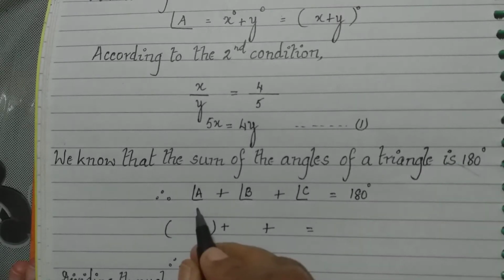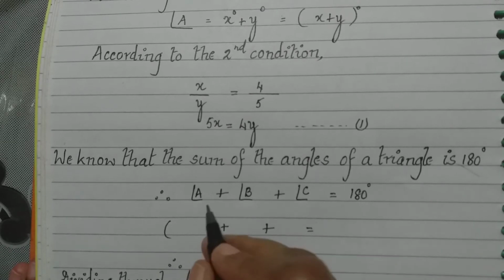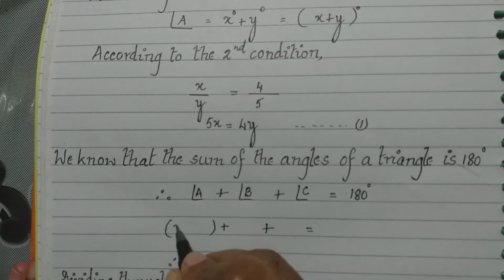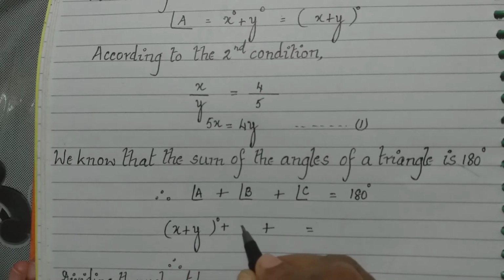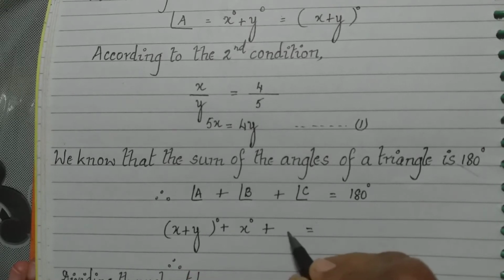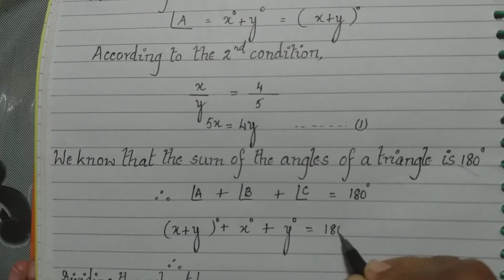Now they had said that angle A is the sum of measures of angles B and C. So we had taken angle A as x plus y degrees, angle B was x degrees and angle C was y degrees. So this is 180.